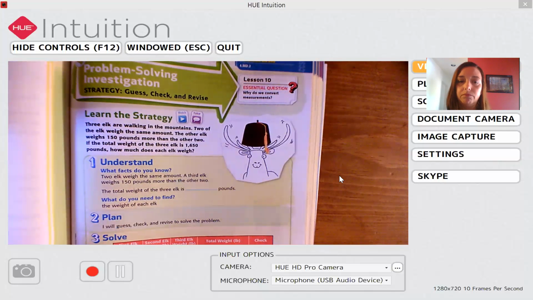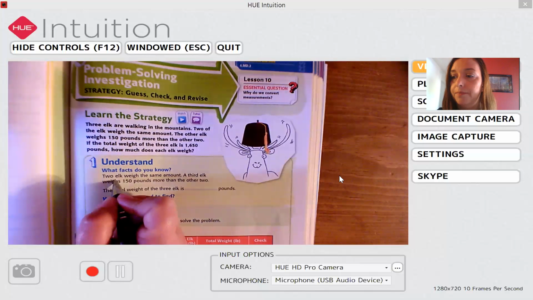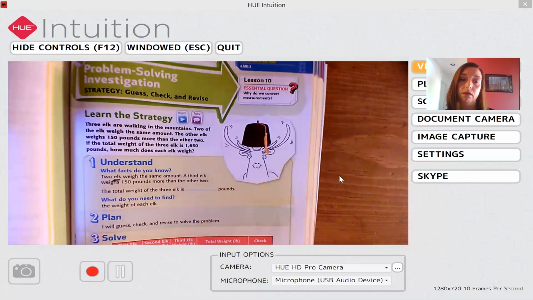Wow. Okay, so remember, we always use our 3-read protocol. So the first thing that we always think about is, what is this problem about? So this problem is about elk, which is an animal, right? So there are 3 elk that are in this problem. What do we know for math information?